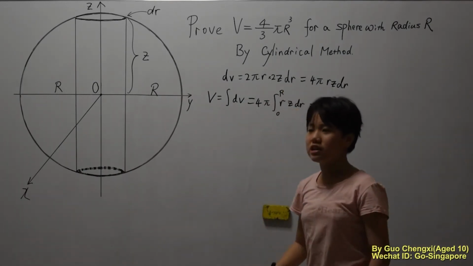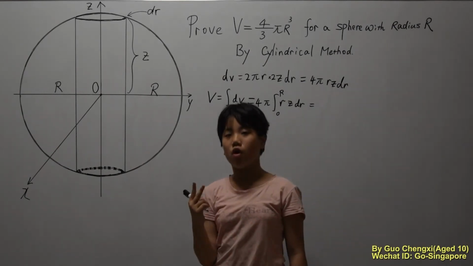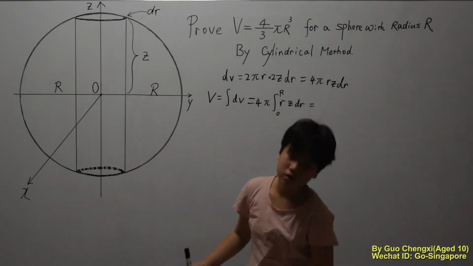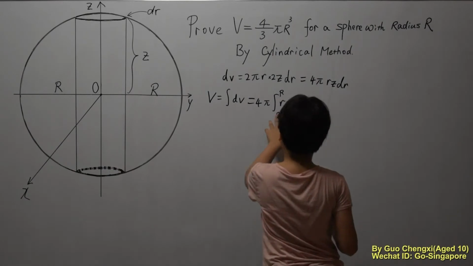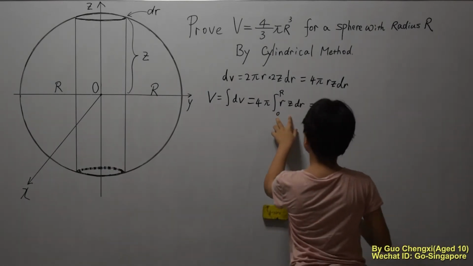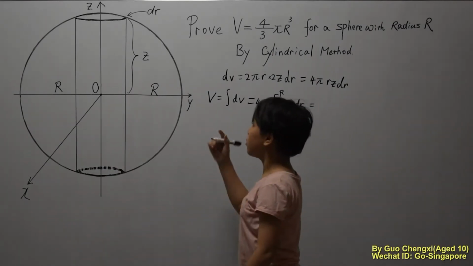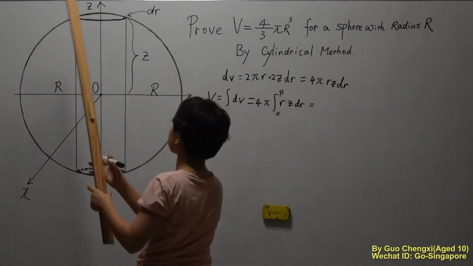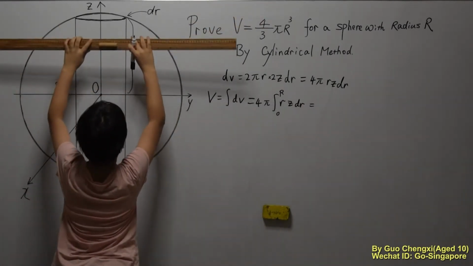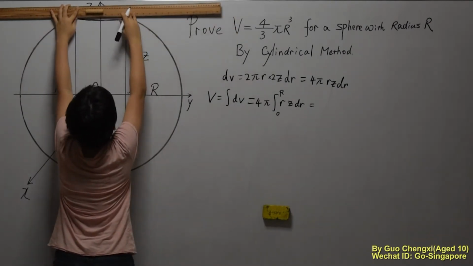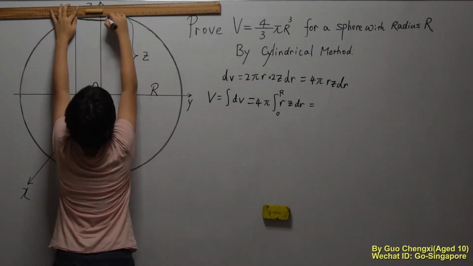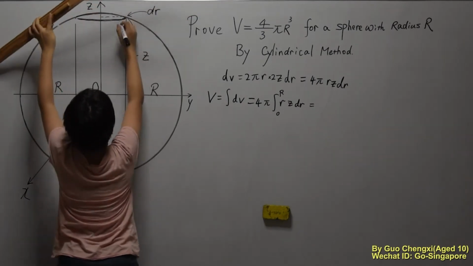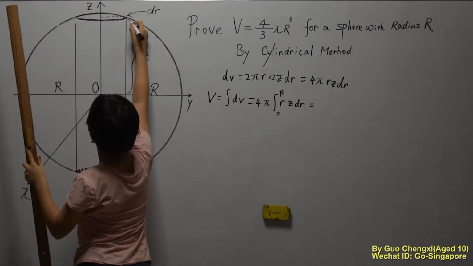But wait, what about this? We have 2 unknown variables. How are we supposed to solve it? So, over here, for this part, we're going to solve it by... Okay, now, for this part, this is... So what is this part?